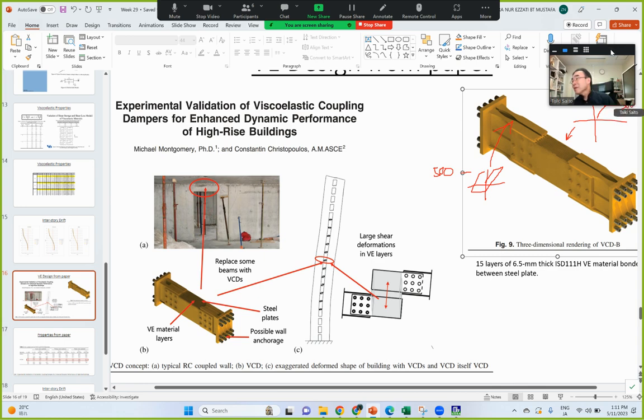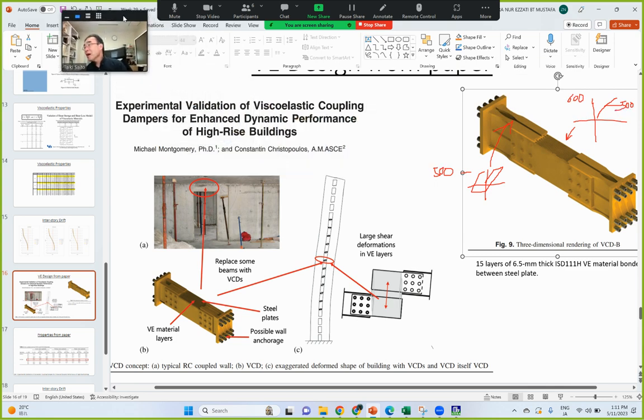Because if 500 shear force happens, this hysteresis part will start buckling and the shear force doesn't increase anymore. So the middle part also doesn't increase. So it is a good idea to put the hysteresis damper in series.